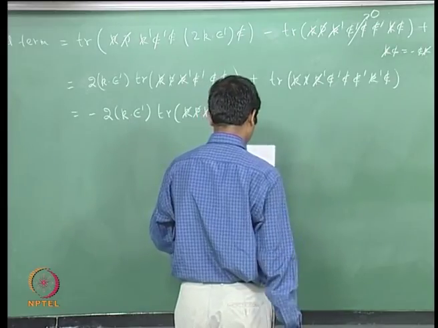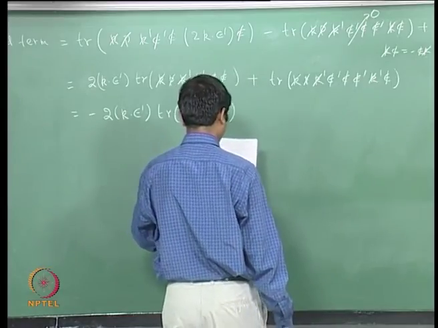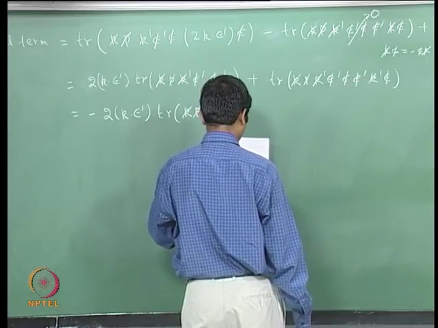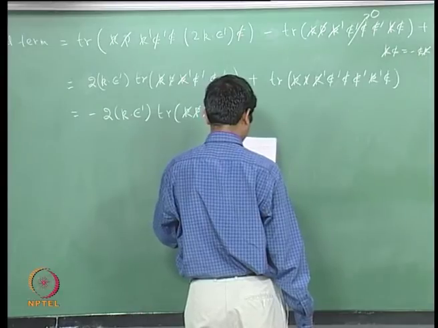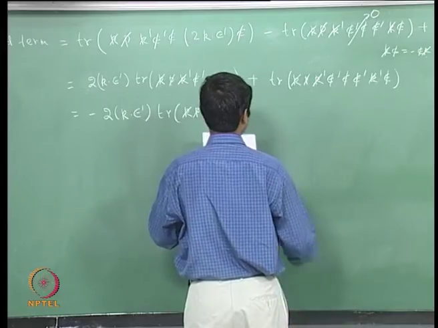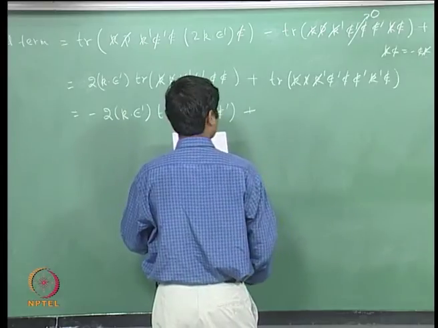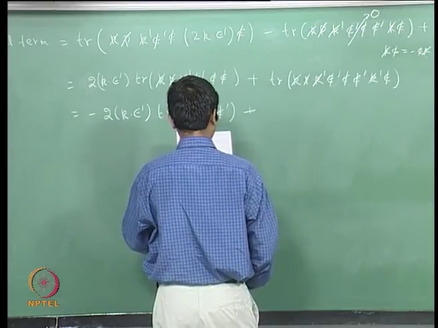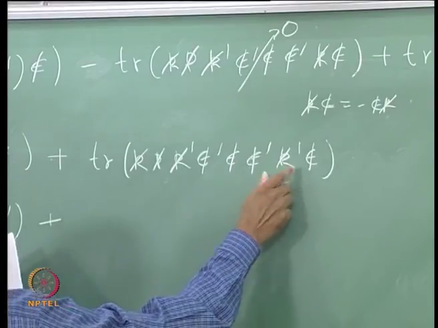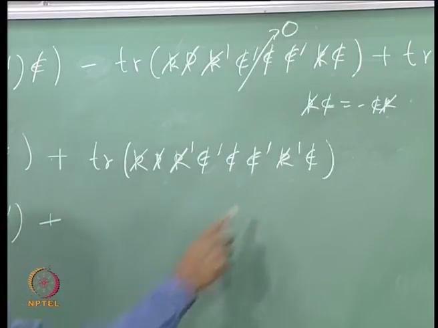So, epsilon dot k prime. So let us focus on this term here, okay, and then I will flip this k prime epsilon prime, I will get a minus sign.